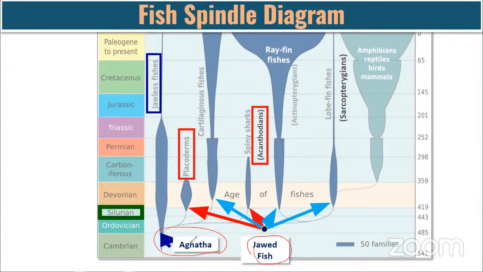Okay, so Agnatha, I like to think about like if you gnash your teeth, right? And A usually negates things when we're putting it into a word. So can't gnash their teeth because they don't have teeth. So that's Agnatha, right?